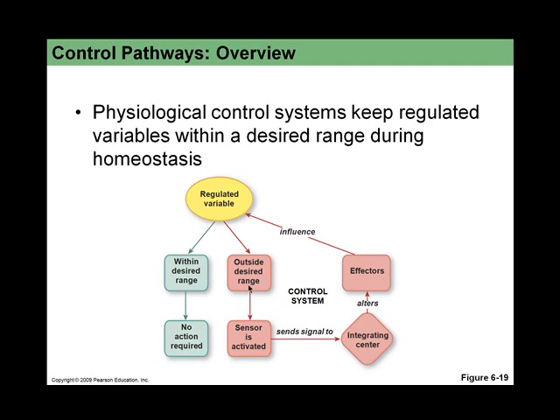So there's an outside desired range and a sensor, if the regulated variable gets outside the desired range, then the sensor is activated. So somebody leaves the door open and heat gets into the house. Then the sensor is activated, turn on the air conditioner, it sends a signal to the integrating center, the air conditioning unit, so it turns on, that is going to alter the fans and the compressors such that they begin to extract heat from the air in the house, and they will influence the air in the house to bring the heat back, the regulated variable, back to within the desired range.